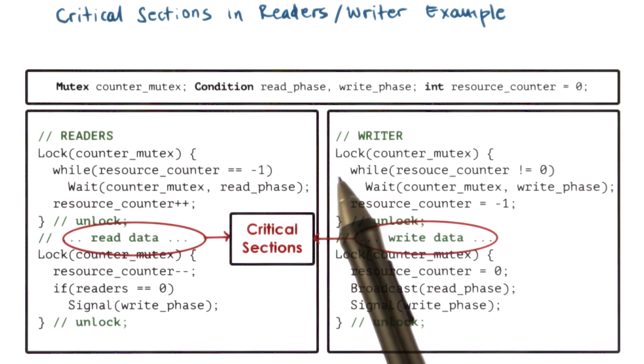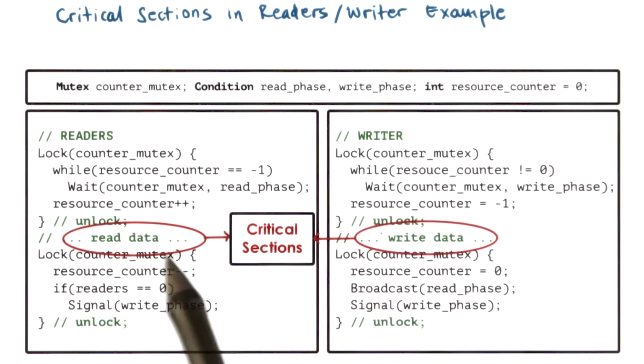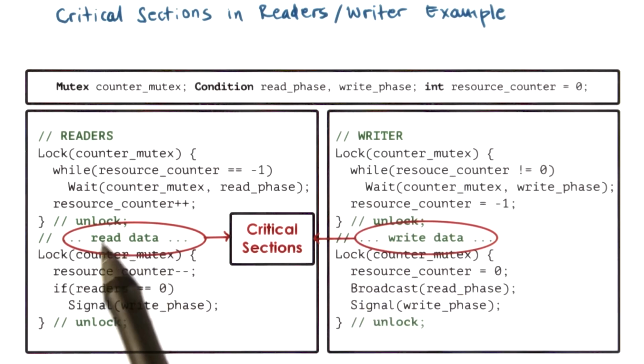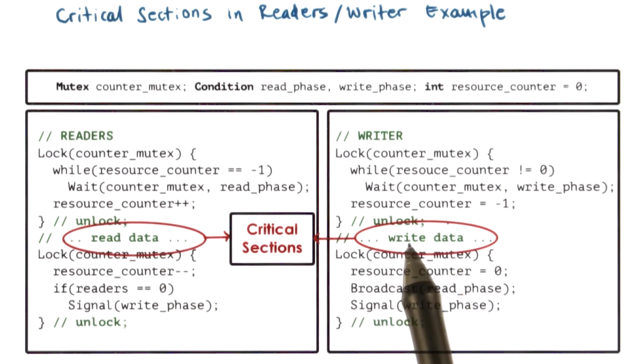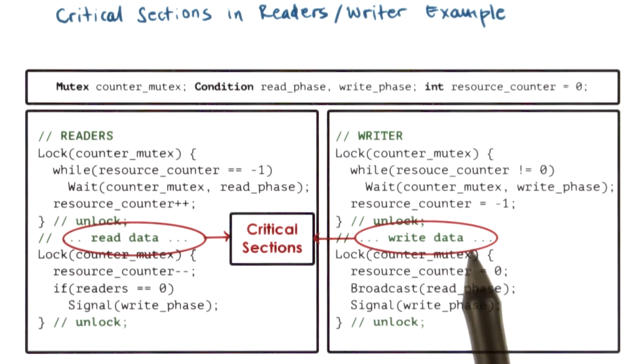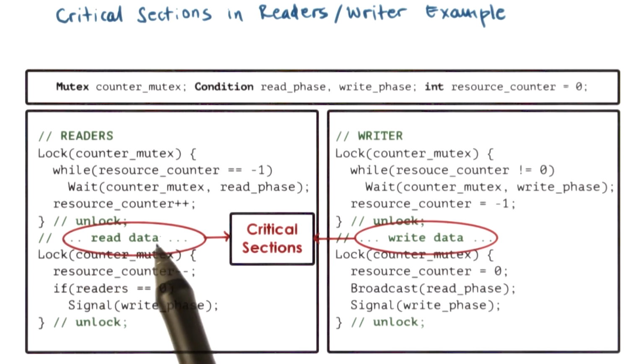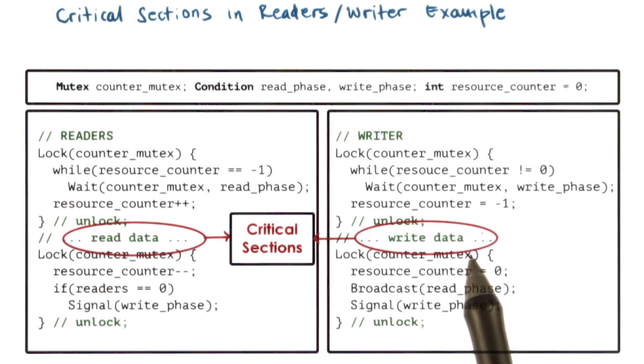Returning to the readers-writers example, the real critical sections in this case are the read operation and the write operation, right? These are the operations that we want to control, and we want to protect. At the very least, we want to make sure that there isn't a situation where there is concurrently a write operation while others are reading, as well as that there are no concurrent writes.